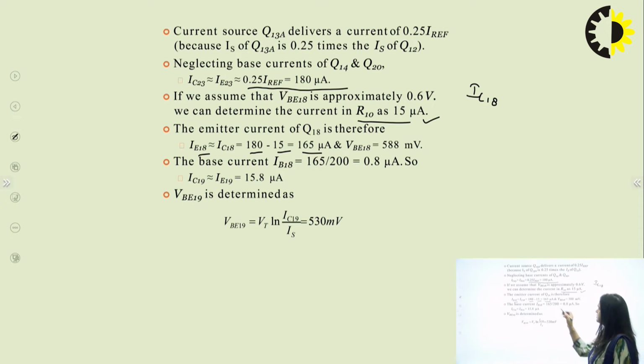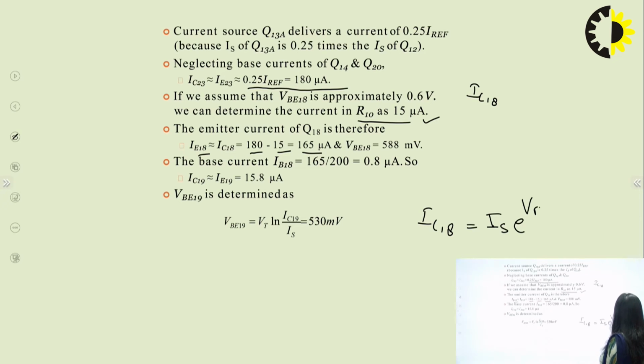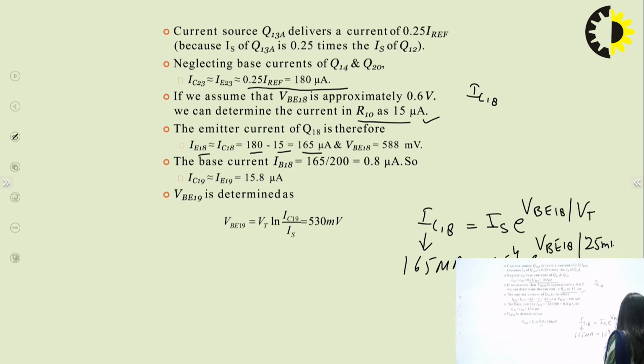If I calculate the value of VBE18 again using the expression IC18 equals IS e to the power VBE18 by VT, using 165 microampere, IS of 10 to the power minus 14, and VT of 25 millivolts, we can calculate the VBE, and that comes to 588 millivolts, which is approximately equal to 0.6 volts. So this assumption we have made is almost correct.